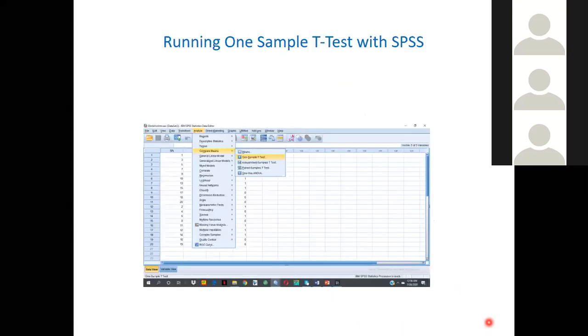So who has the data set? I think the data set is Ebola victims. Who has the data set there? Nobody. Okay, let me go and look for it. I think I opened it.